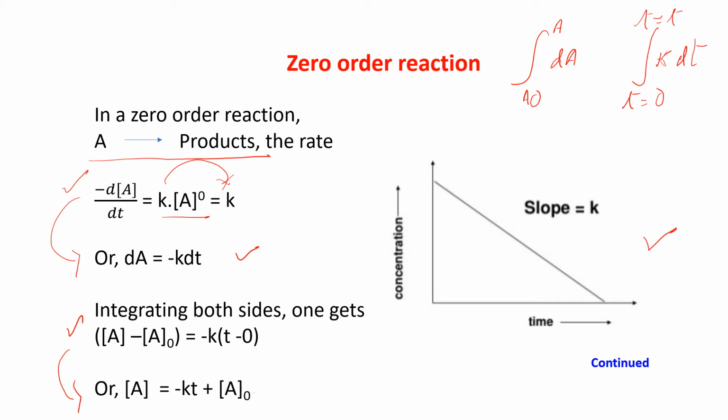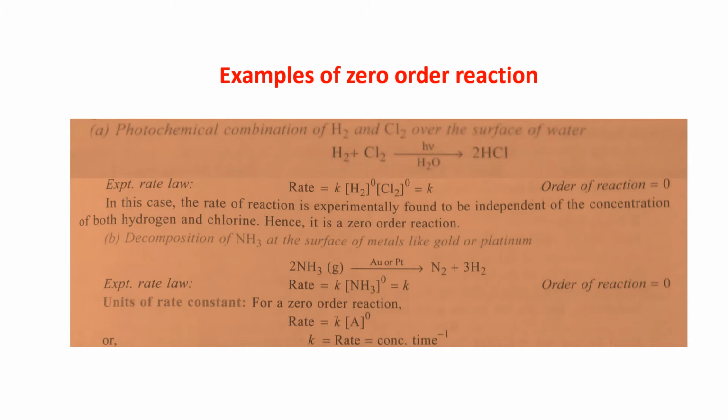Plot a graph, concentration versus time. You will get slope equal to k. Slope of the graph will give you k. The example of zero order reaction: photochemical combination of H2 and Cl2 over the surface of water.